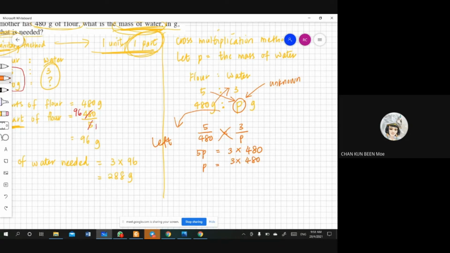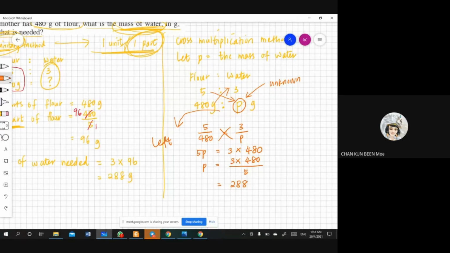So when we want to move the 5 to the right, it becomes what? It becomes division. Very good. Divide. Always remember it's the opposite way around. Now we can solve it already. 3 times 480 over 5. You can solve it using the calculator. So the answer is equal to 288.